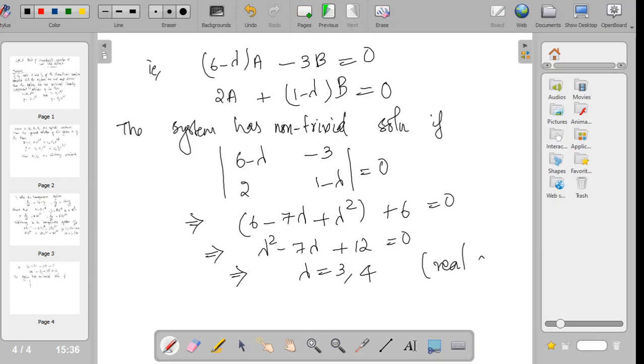So here the roots are real and distinct. So we have got lambda 1 and lambda 2. Let us take lambda 1 equal to 3 and lambda 2 equal to 4. Now we can substitute in this equation. We need to find values for a and b also.